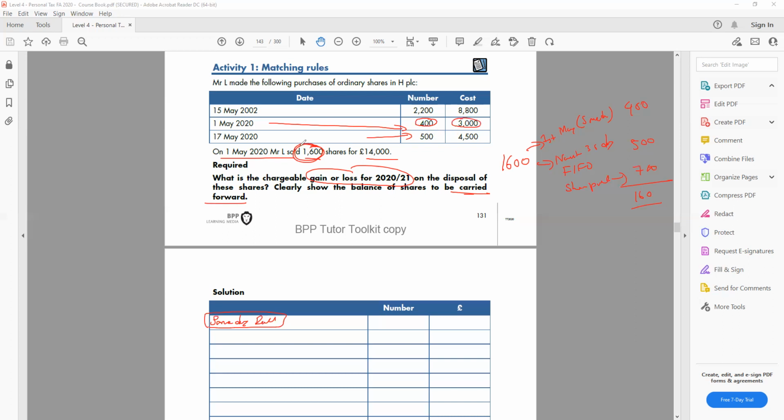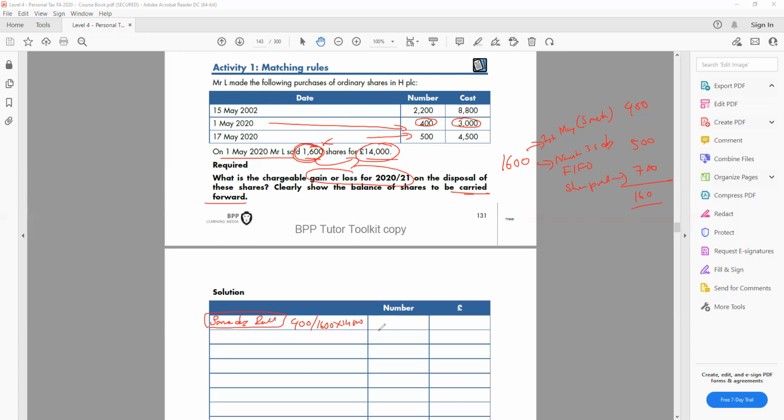So how much did you sell it for? You need to see that. The 1,600 shares is the total. So 400 divided by 1,600 times 14,000, because 14,000 is the total selling price for the 1,600 units. That will give us the selling value for 400 shares.